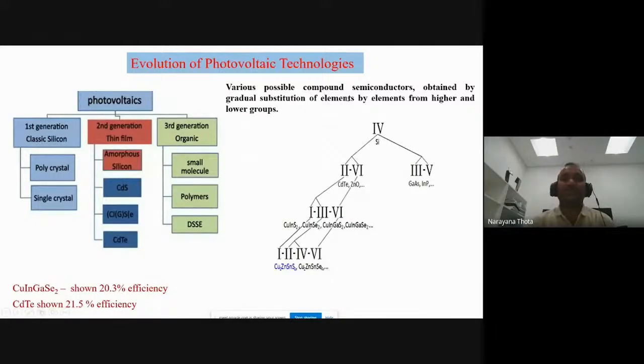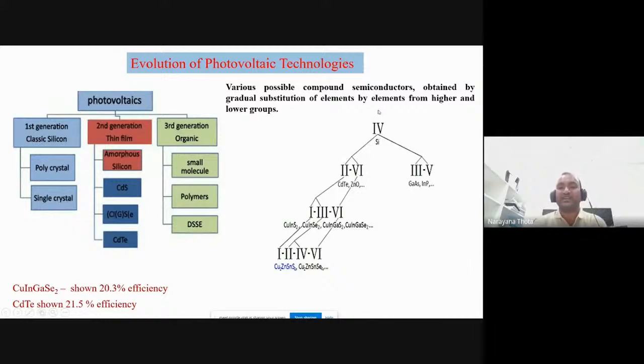Generally, mostly we use semiconducting material in solar cells. The semiconductor starts from silicon. This is the group 4 element, silicon or germanium. So these are the progression of various semiconducting materials. These possible compound semiconductors can be obtained by gradual substitution of elements from higher to lower groups. So you can see, take silicon, a group 4 element.